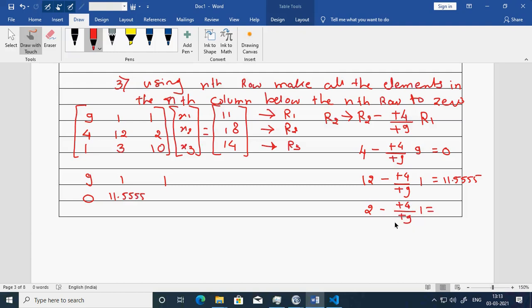So how much is this value now? So I can guess it, this value would be 1.555. So just let me know whether this is correct or not.